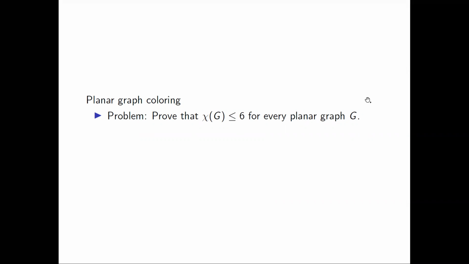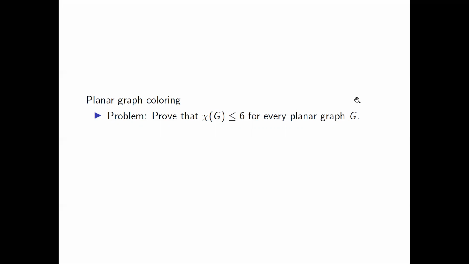So we saw some results about planar graphs. Some of them might be relevant to this problem. And this problem is about the chromatic number of planar graphs. So prove that if G is a planar graph, then its chromatic number is at most 6.